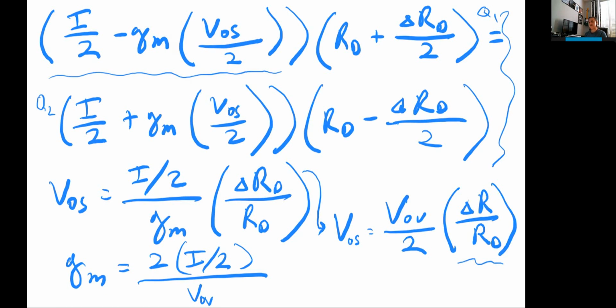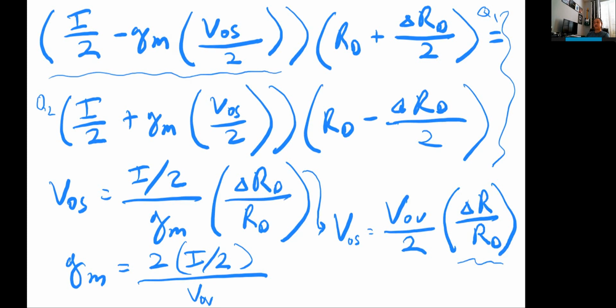For a number of reasons, I would like to have a large overdrive voltage because it gives me more output and also a larger noise margin. But that is counter to having a small output voltage offset.